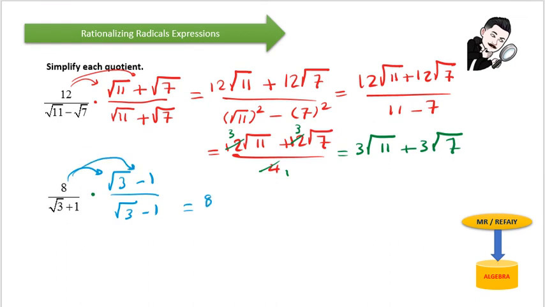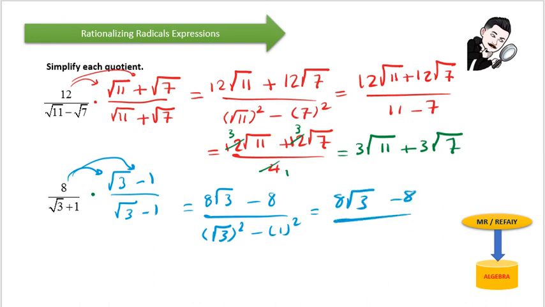So here it will be 8 root 3 minus 8 times 1, which is 8. Okay, by the same rule, first square, it will be root 3 power 2 minus 1 power 2. It will be 8 root 3 minus 8 over root 3 power 2, which is 3 directly, and here 1.